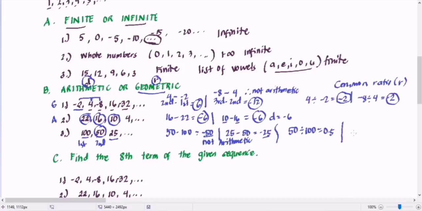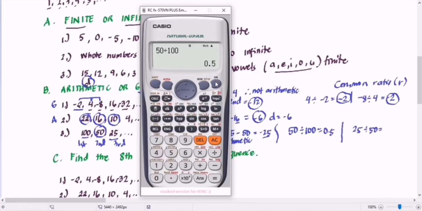Then, try natin yung pangalawa. 25, yung third naman, divided by second. So, meron tayong 25 divided by yung second, which is 50. That is equal to, so, calculate lang natin ulit. 25 divided by 50. So, that is equal to 1/2 also, or 0.5.